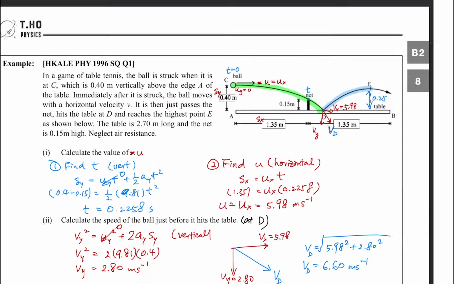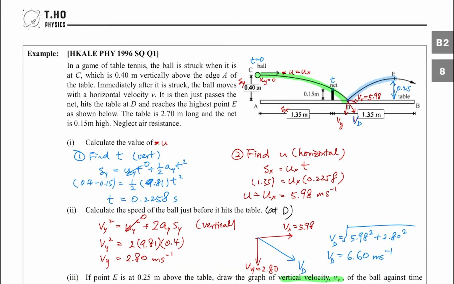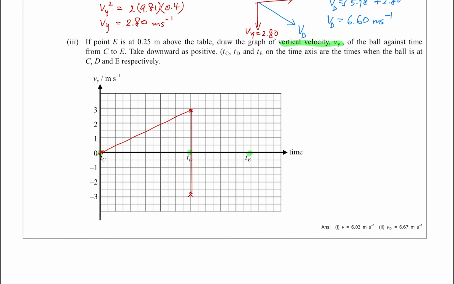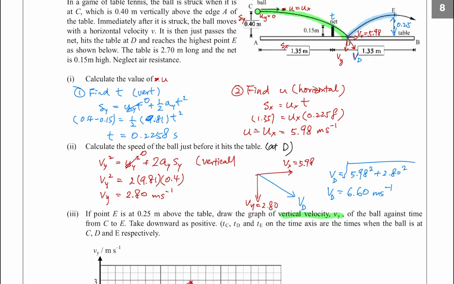And then after it rebounds, the ping pong ball is undergoing gravitational acceleration again. So the slope should be the same as before. So you can measure the same slope and then draw a line until it reaches point E. So the graph will be looking like this.